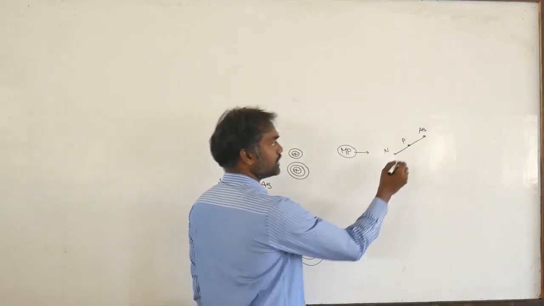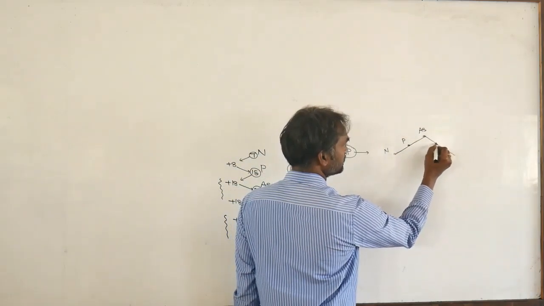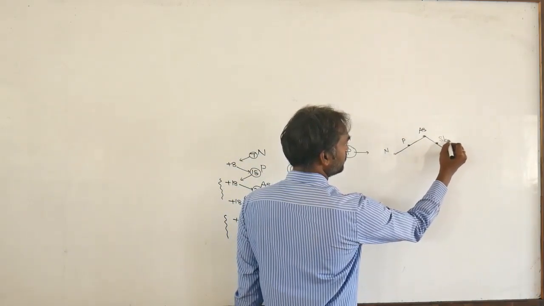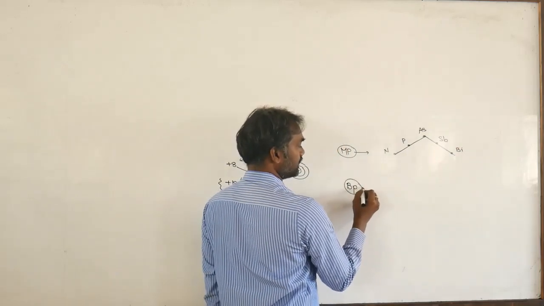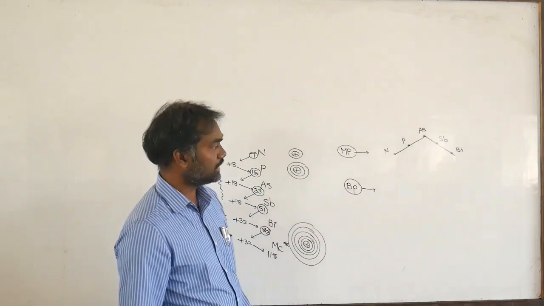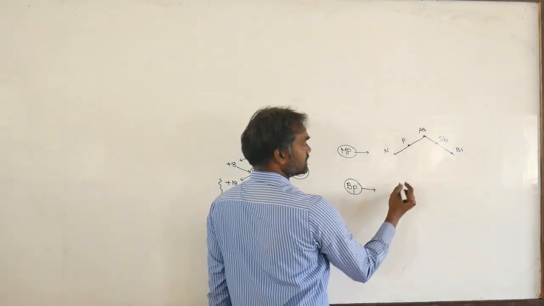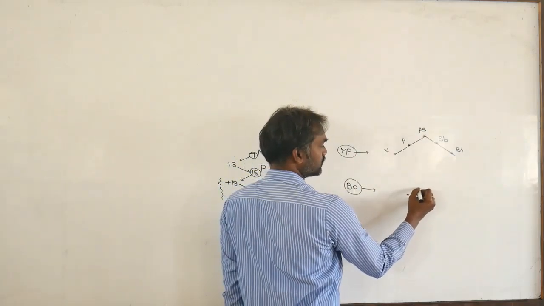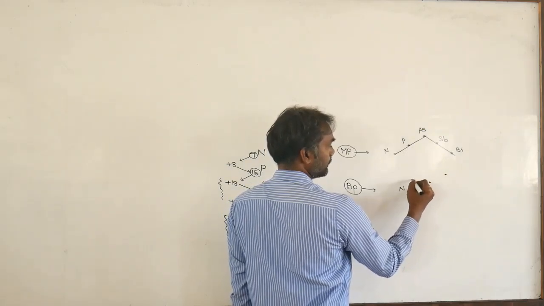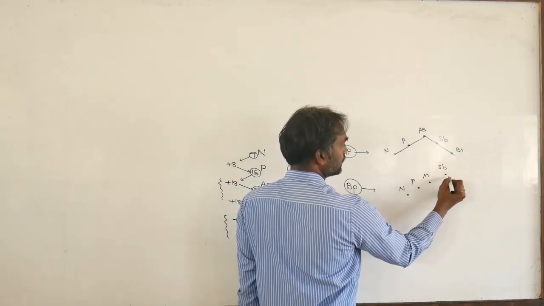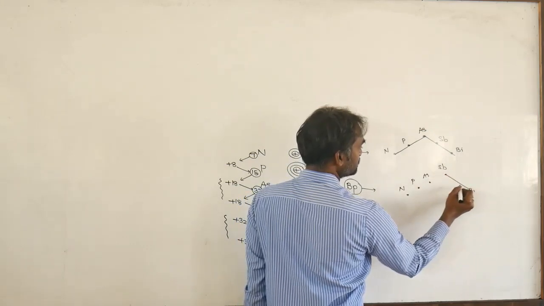Next, antimony and bismuth continuously decrease. Next, if you see the boiling point values, the experimental data, up to antimony it increases: nitrogen, phosphorus, arsenic, antimony increase. Next, bismuth decreases.